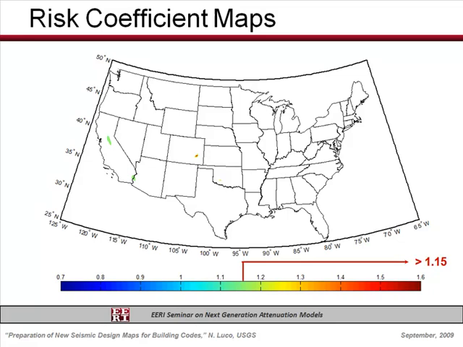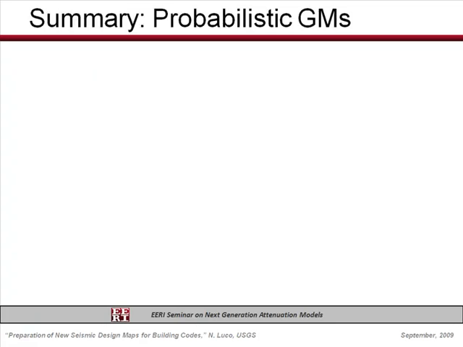So most everything else is within 15% of a risk coefficient of 1. So not a big change, and that includes San Francisco and Seattle here. So Charlie mentioned these risk-targeted ground motions don't change things a lot in most of the country, but they do in Charleston, Memphis, and coastal Oregon.